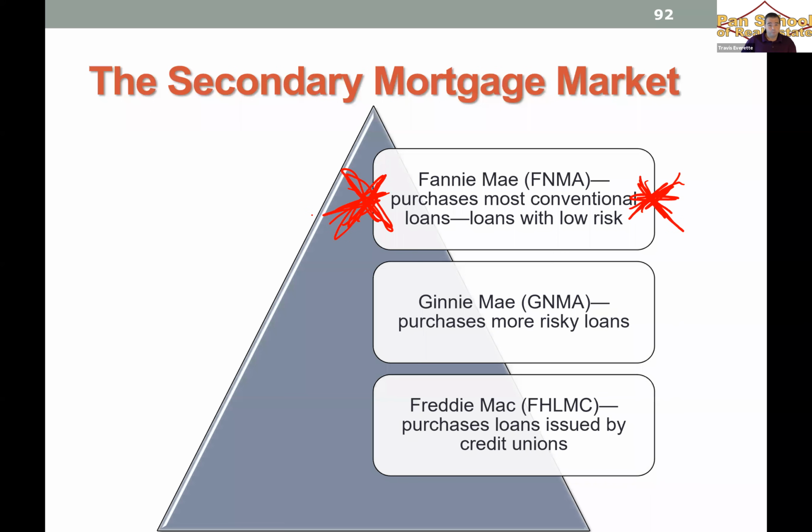It's the Federal National Mortgage Association, FNMA. Because of that abbreviation, somebody many years ago said, just call it Fannie Mae, and it stuck. Nobody calls it the Federal National Mortgage Association or FNMA. Everybody just says Fannie Mae.